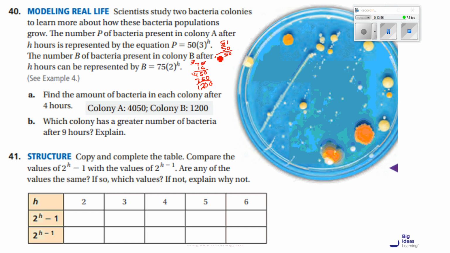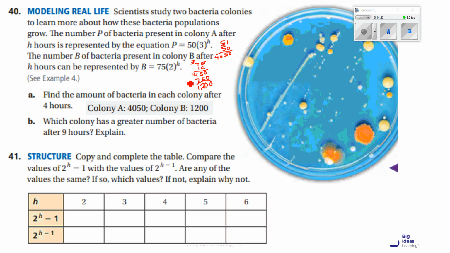Reason being, remember, we're working with exponents. We're talking 9 hours now. This is going to be 3 to the 9th power and 2 to the 9th power. Where 3 to the 4th was only 81 before, it's now going to be a really big astronomical number. And then 2 to the 9th power, I don't think it's going to be as big.